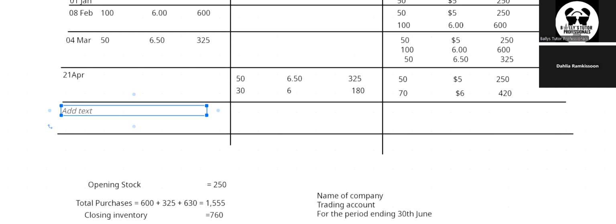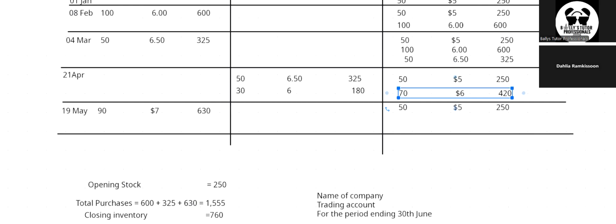So now our balance would be the 50 from before at $5 each, then the 70 at $6, and then the 90 that we just bought. You following, right? Yeah.